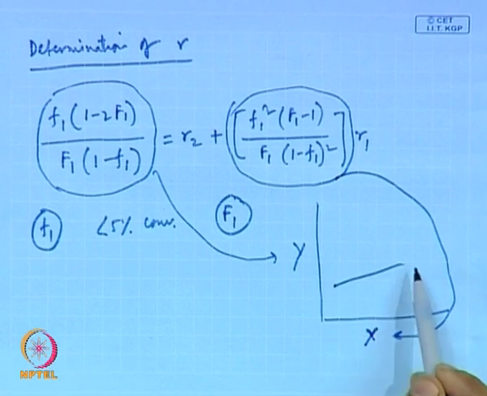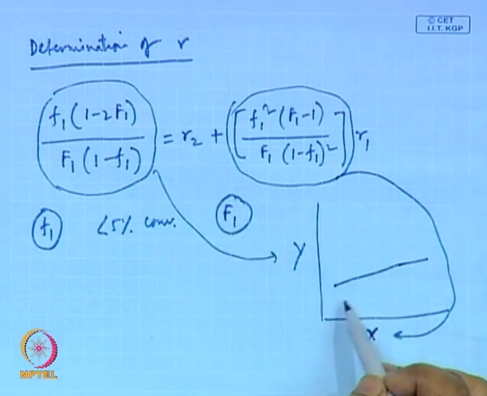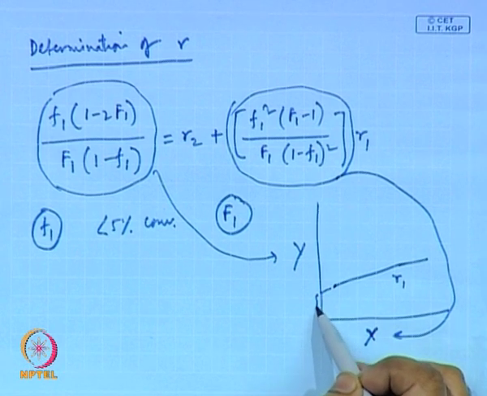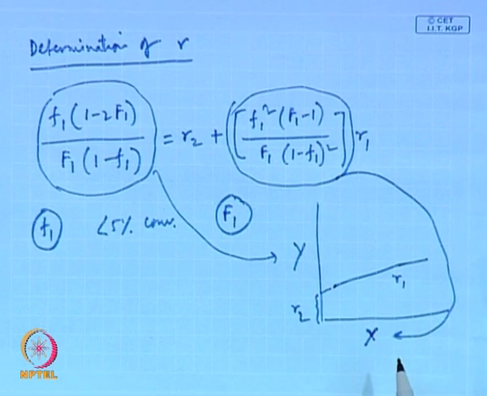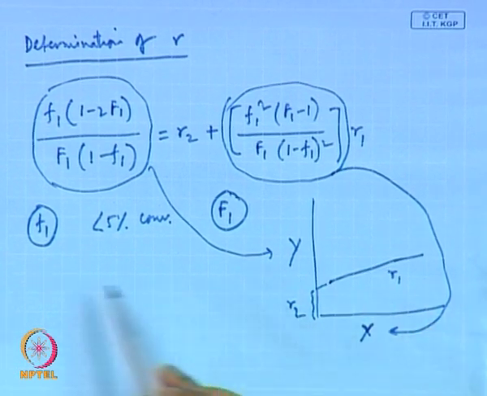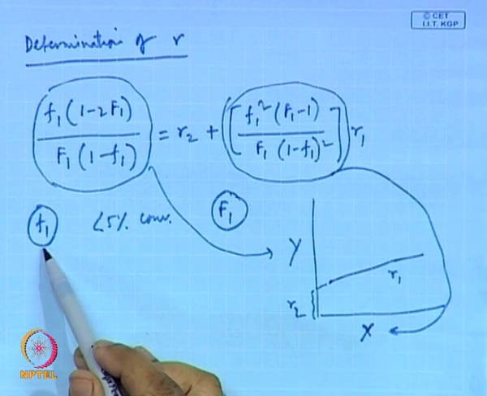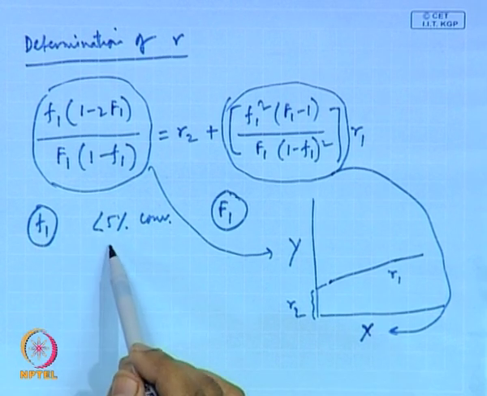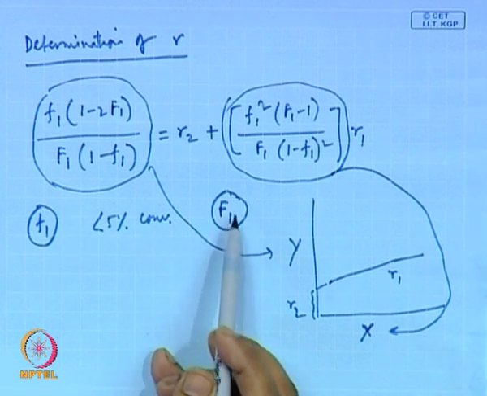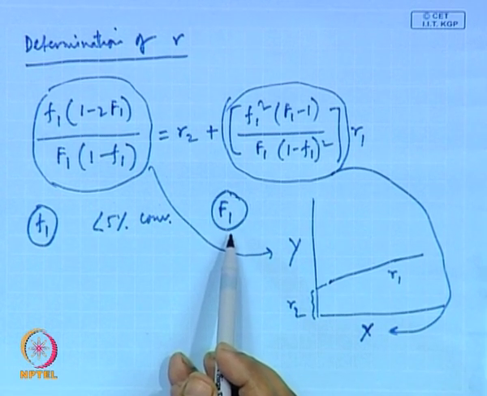The slope would give you R1 and the intercept should give you R2. So, that is one of the ways you can determine it from experimental values: different experiments with different feed ratios, stopping the reaction at very low conversion, and then measuring the mole fraction of different monomers in the copolymer.